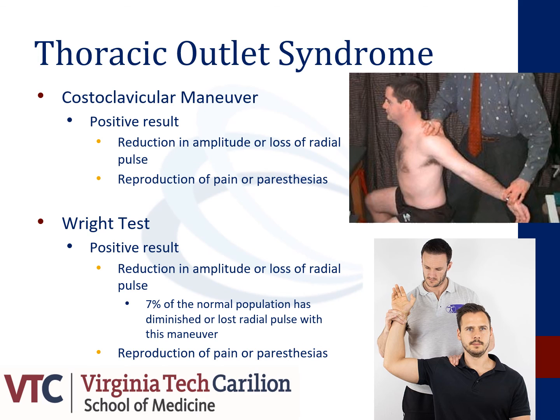The arm is then passively brought into abduction and external rotation, and the elbow is flexed. A positive test again occurs if there is a reproduction of the pain or paresthesias, or a reduction in the amplitude or loss of the radial pulse. Again, 7% of the normal population, though, can have a diminished or lost radial pulse when performing the Wright maneuver.